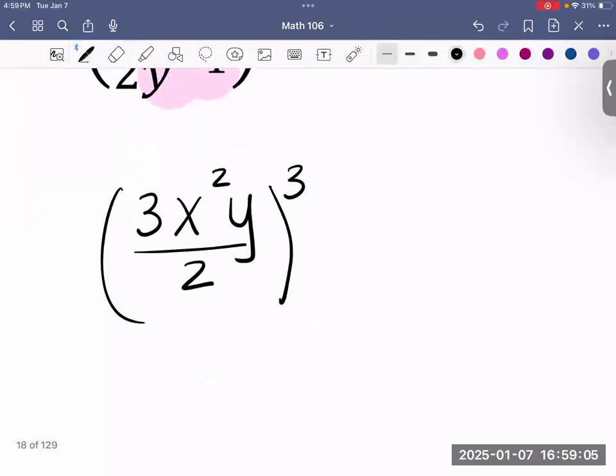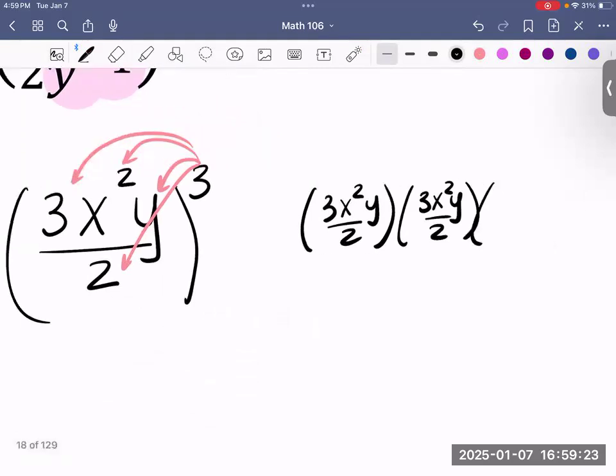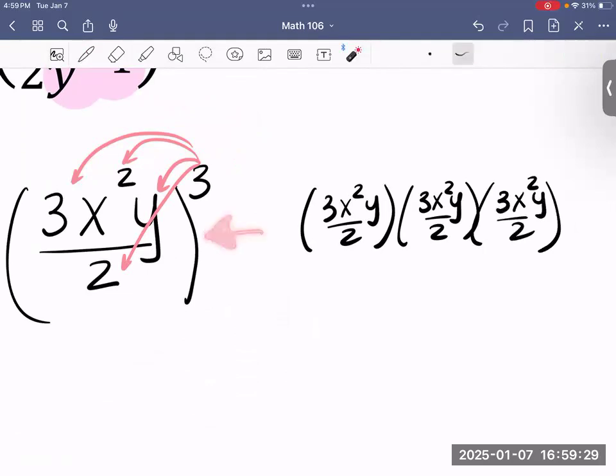Now we can go ahead and distribute in that 3. Keep in mind, this 3 has to go to every single value. This avoids having us write out this structure 3 separate times. But you'll notice that each number I'm writing out 3 times. Do I need to multiply 3 times 3 times 3?